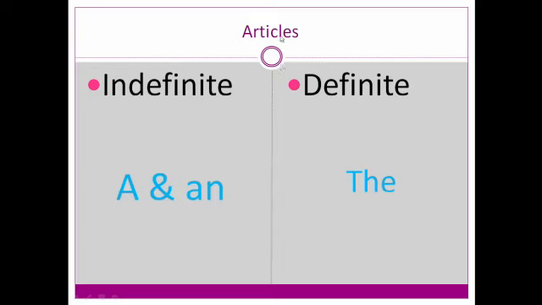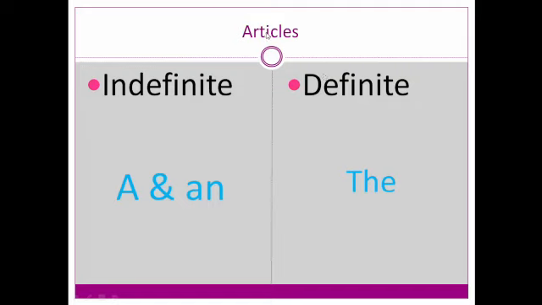Articles are divided into two. One is indefinite, the next one is the definite article. A and an are indefinite articles, whereas the is the definite article.